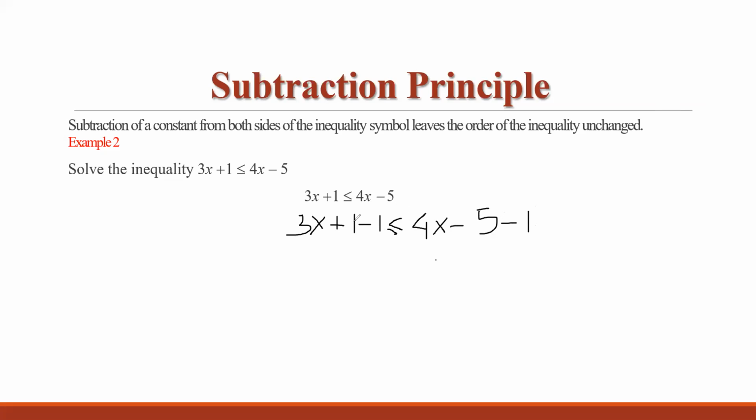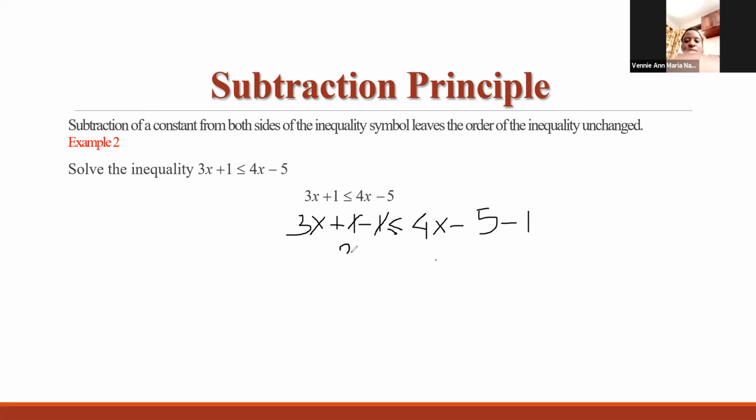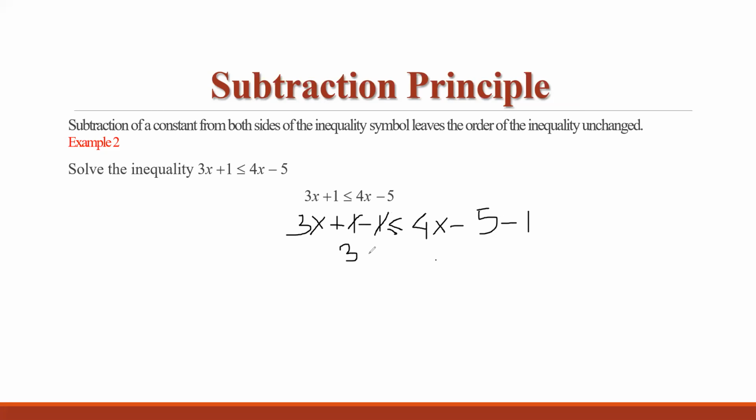So if I have 1 plus 1, they are going to cancel. I remain with 3x on this side, less than or equal to 4x.